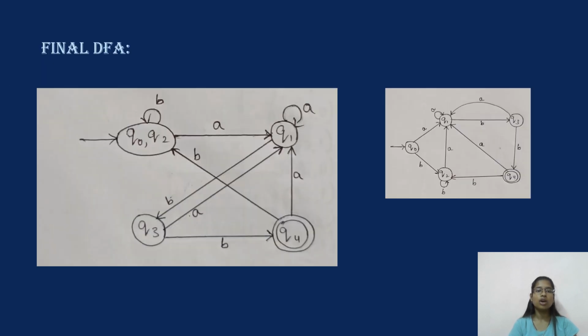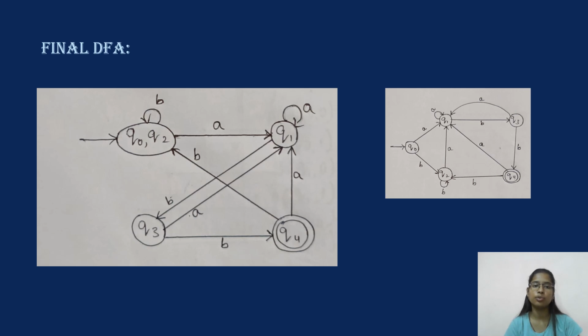Here q0 comma q2 becomes our new state, and the rest of the states remain the same. From the diagram, q0 comma q2 on A: q0 moves to q1 and q2 moves to q1. So this moves to q1, and on B it moves to q2, and q2 is self looped.